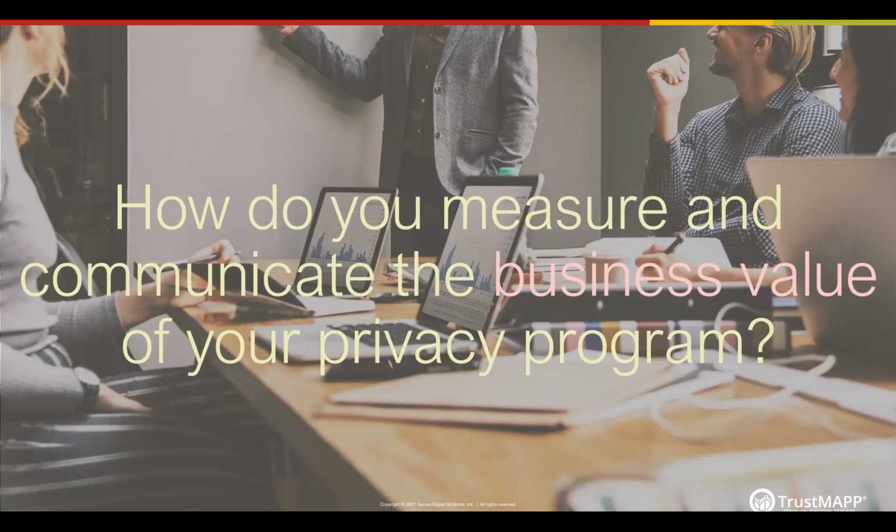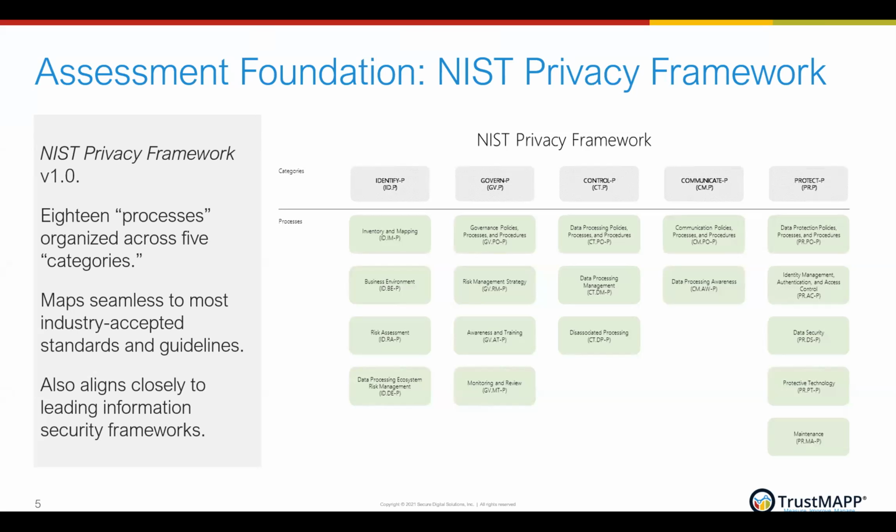Before we get started, just to tee up the presentation and the actual demonstration of the software that Ian will be providing to us, this is the NIST privacy framework boiled down into its salient points. The NIST privacy framework comprises 5 categories.